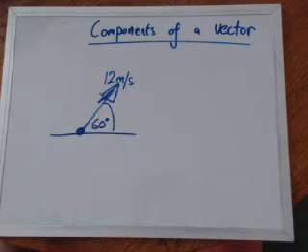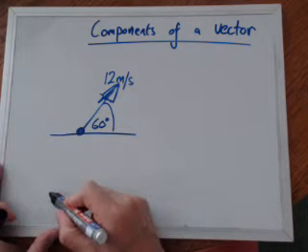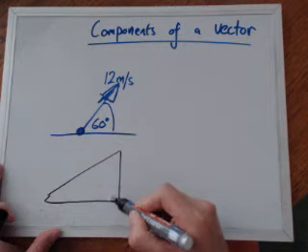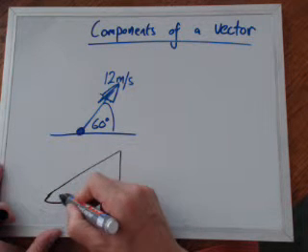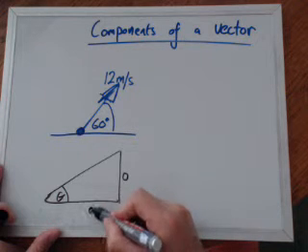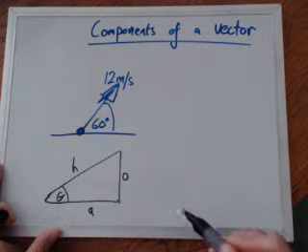So first of all, let me remind you of some simple tricks. I'll draw a simple trig triangle down here. If this is the angle theta, this is our opposite, our adjacent, and our hypotenuse.